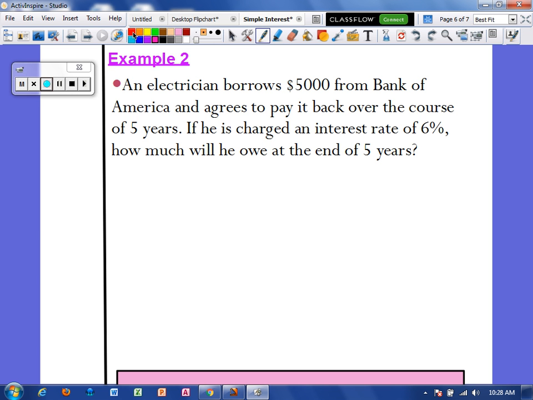All right, example 2. An electrician borrows $5,000 from Bank of America and agrees to pay it back over the course of 5 years. If he is charged an interest rate of 6%, how much will he owe at the end of 5 years? Okay, so here's our formula. So interest equals the principal times the rate times the amount of years they are borrowing it.